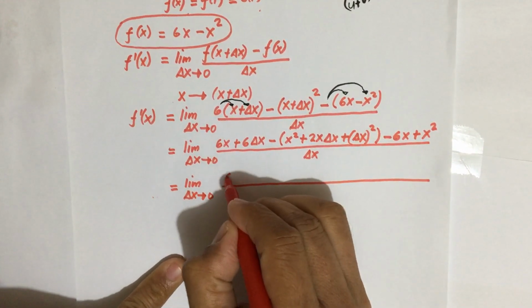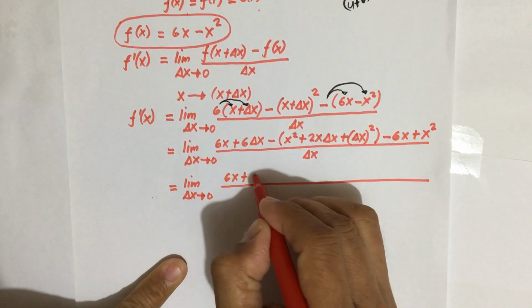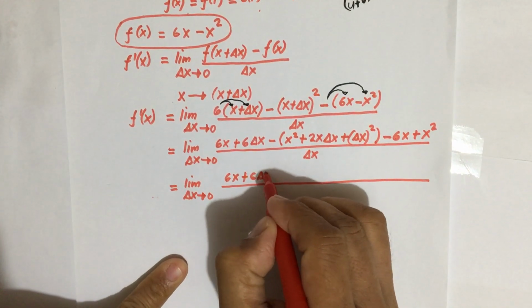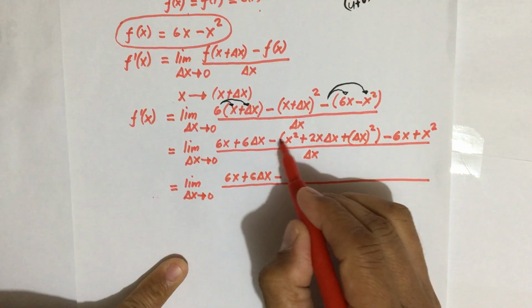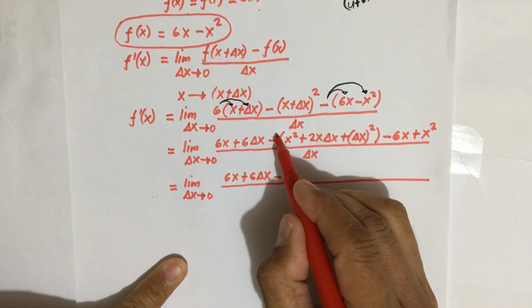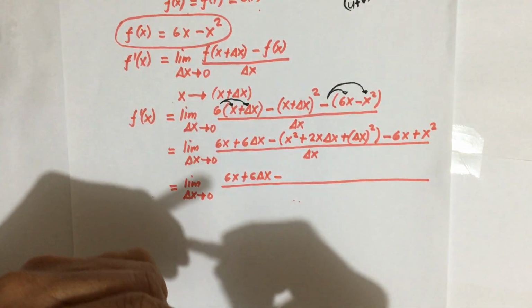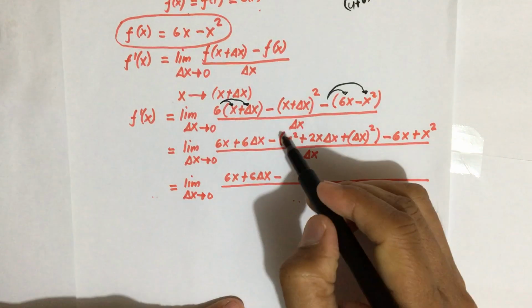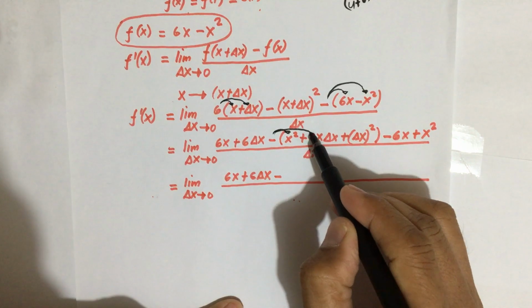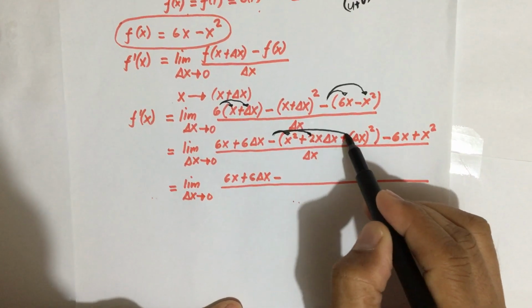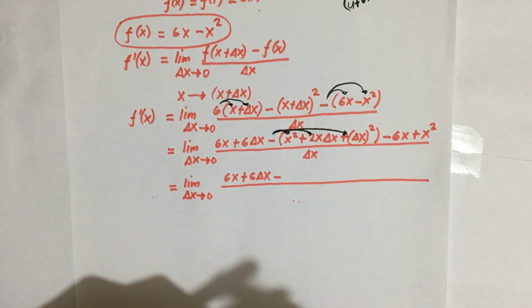Right, so we have 6x plus 6 delta x, then minus, so this time you have to distribute and multiply also this, so understood to have negative 1 here, or you just simply multiply each term by this negative, then consider the sign.